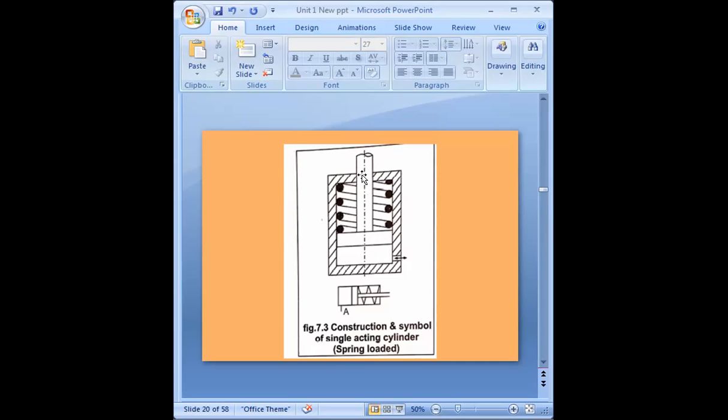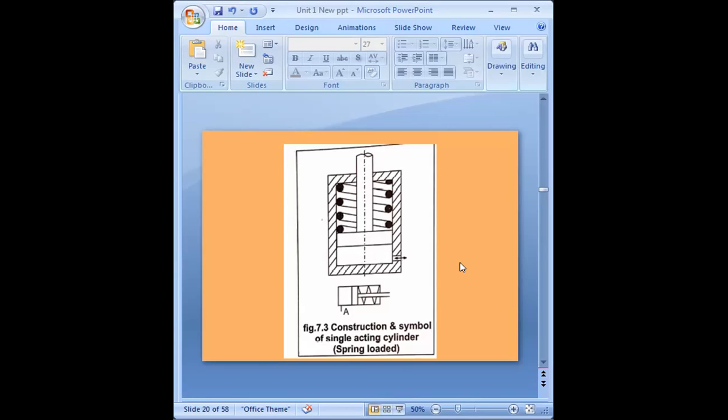in the downward direction. And when it is coming downward, the fluid which is available in the cylinder will go outside through this same port. So you can see the direction of that port is bidirectional.